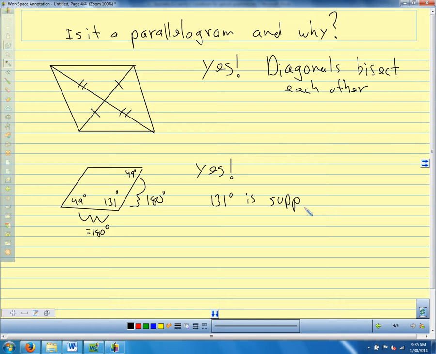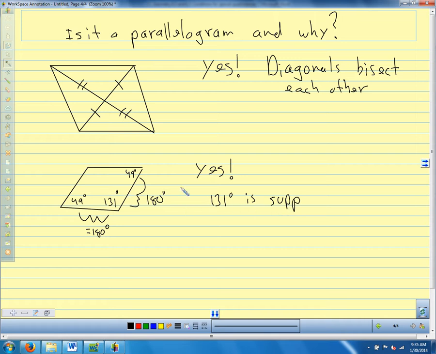So what we said was, we know that all the angles inside a quadrilateral have to add up to 360. So if you add these three up, subtract it from 360, that tells you that this is 131. And then both pairs of opposite angles would be fine. So what you just came up with would be how we would prove that theorem. That's why that theorem works, because all the angles have to add up to 360.